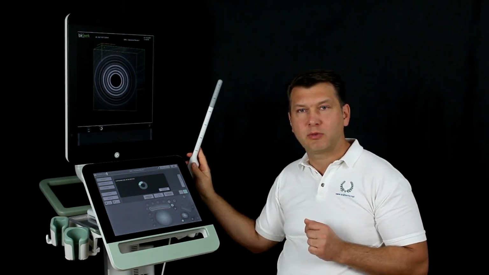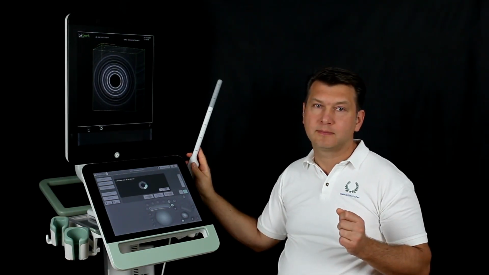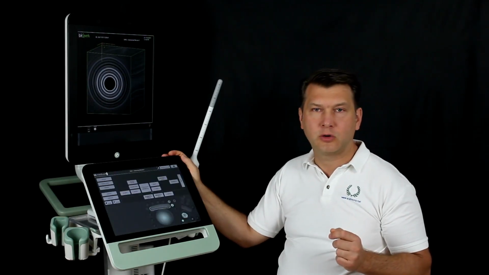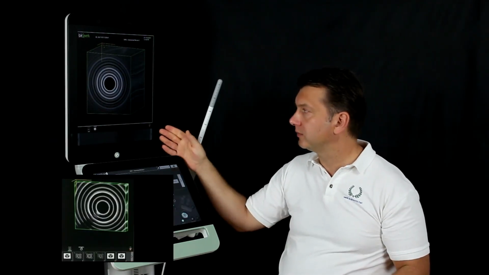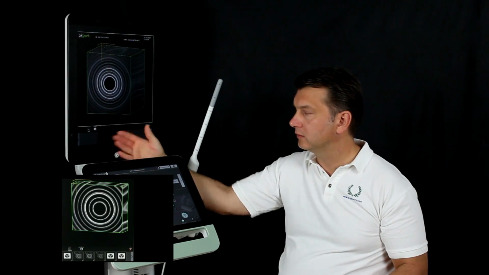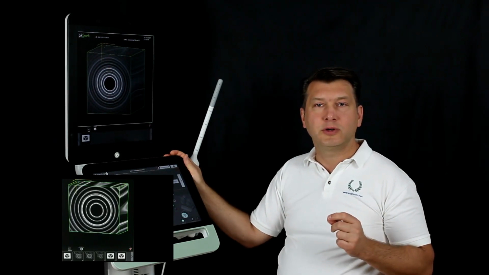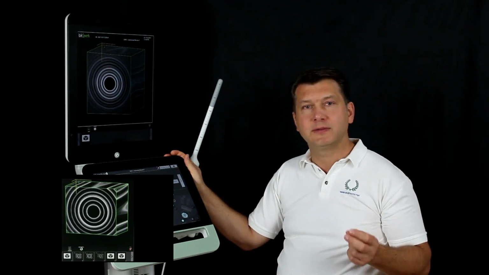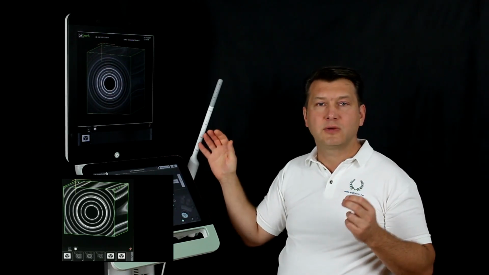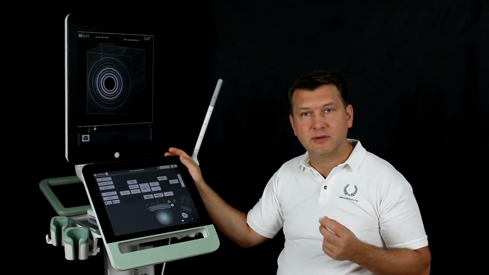Now it's time to keep the probe calm and wait. After the recording, a 3D box appears in the picture, and just here below. Here it is important to note that this box is always the same size, regardless of whether the examined structure was 1 or 10 cm in size.